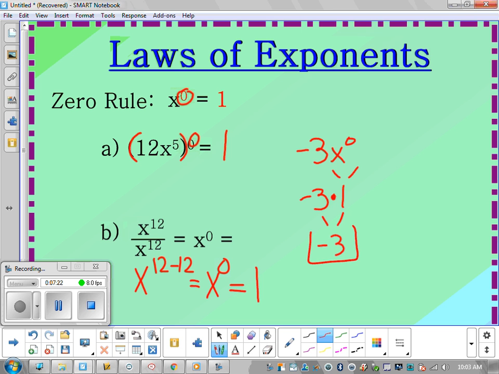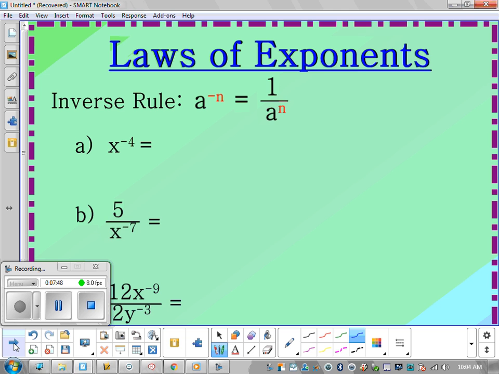So we just need to be careful on the difference: when they are all in parentheses to the 0 power, everything is 1. If there are no parentheses, then the one part that is to the 0 power is 1. But don't forget to then multiply it by the negative 3 to get your final answer of negative 3.